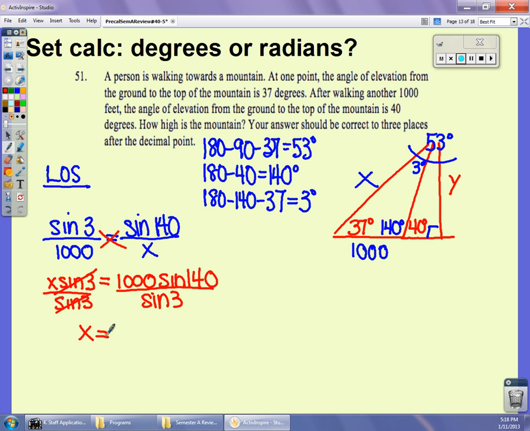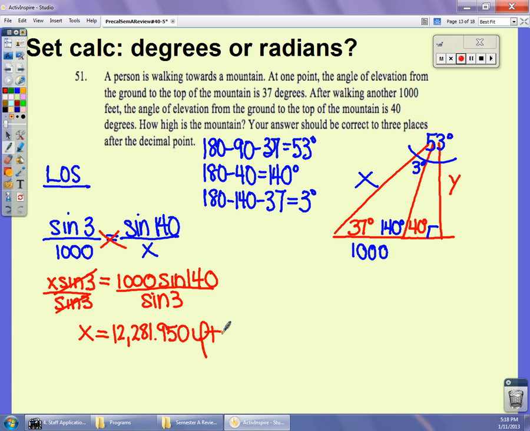And now we can calculate x: 1,000 sine of 140 divided by sine of 3. x is 12,281.95, and of course that is in feet.